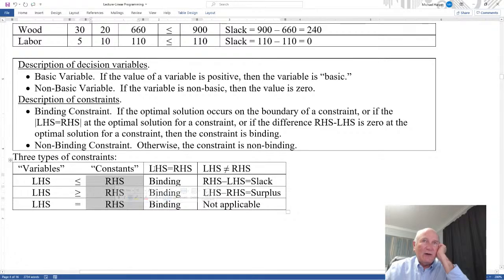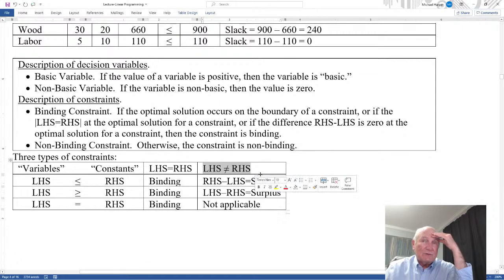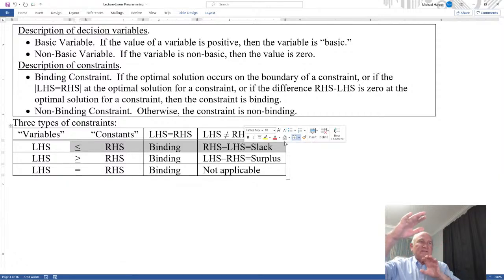Now, when the left-hand side value equals the right-hand side at a point, whatever that point is, they're called binding constraints. Now, at a point, if the left-hand side does not equal the right-hand side, for a less than constraint, the left-hand side here is less. That difference is called slack.